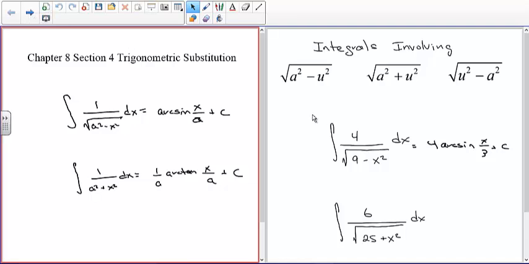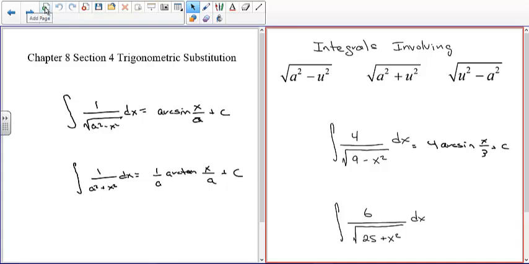So let me try to describe how we deal with this. Just because we've seen things like this before, it involves trig functions, even though the original integral doesn't involve trig functions. Another thing is that the domain of this function is going to be such that the square root has to be a positive number.